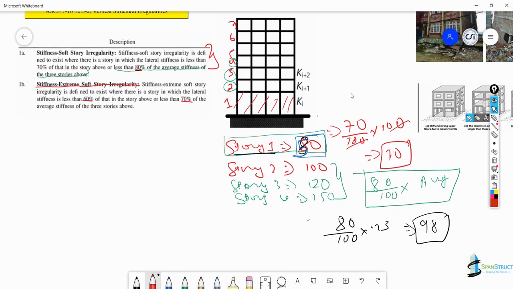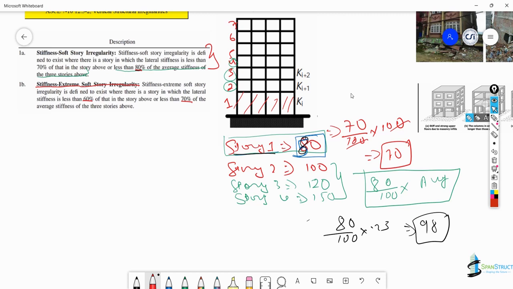I think you have clearly understood when your story becomes a soft story and when it becomes an extreme soft story. In case of an extreme soft story, the lateral stiffness will be less than 60% of the story above, or, if you take an average, less than 70% of the average stiffness of the 3 stories above. Now we have understood the theory part.